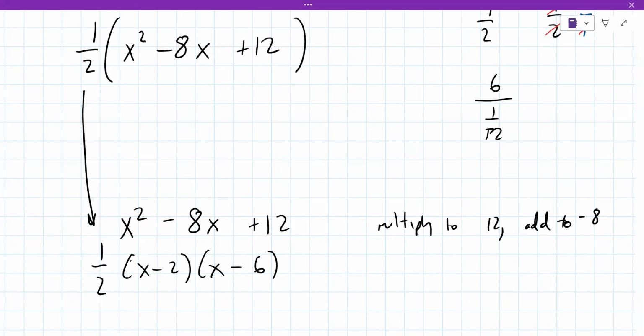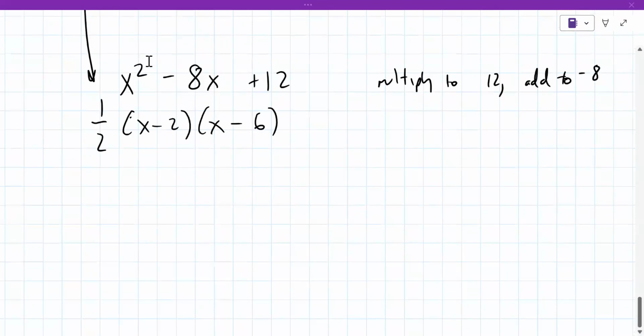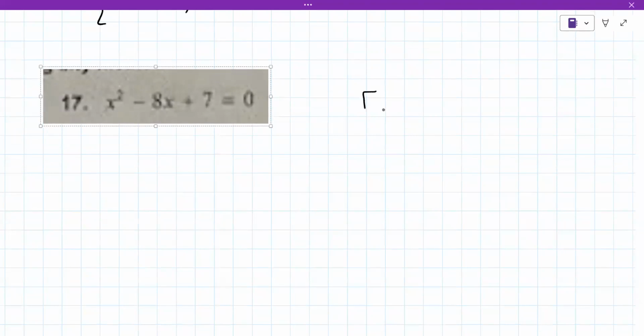No. Okay. So we're going to look at 17 first, because 17 and the next grouping of problems, it's most like what you've been doing just now. Okay. You want to factor the left-hand side of the equation. You want to do what we've been doing here, x squared minus 8x plus 7.